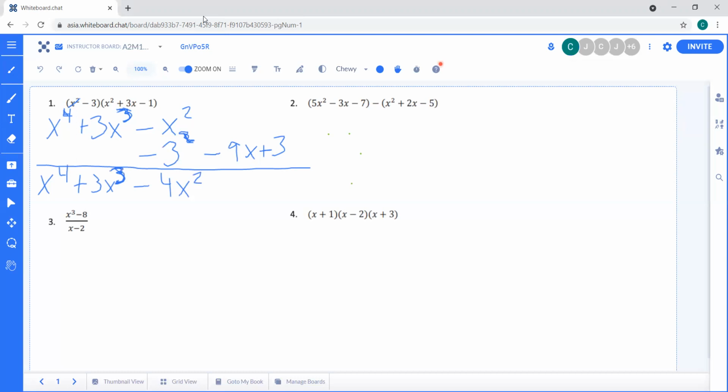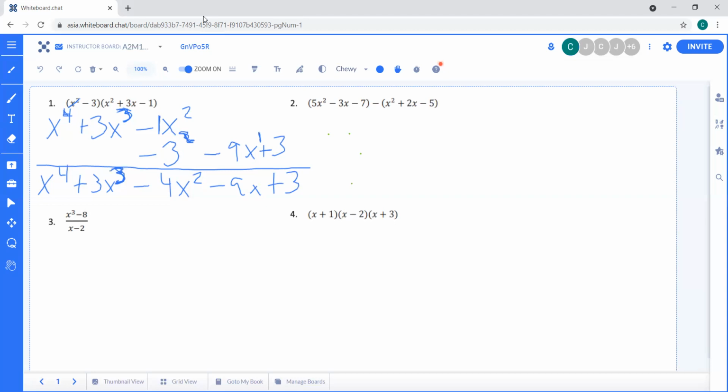So you can always remember there's a 1 here and there's a 1 above every variable. Okay. That should be a 1 as well there. Minus 9x plus 3. That's your answer for number 1.